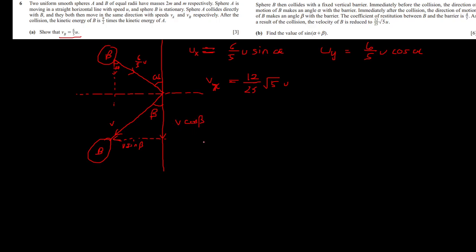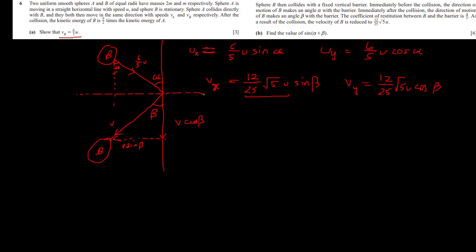So vx equals v sine beta, and vy equals 12 by 25 root 5u cos beta.